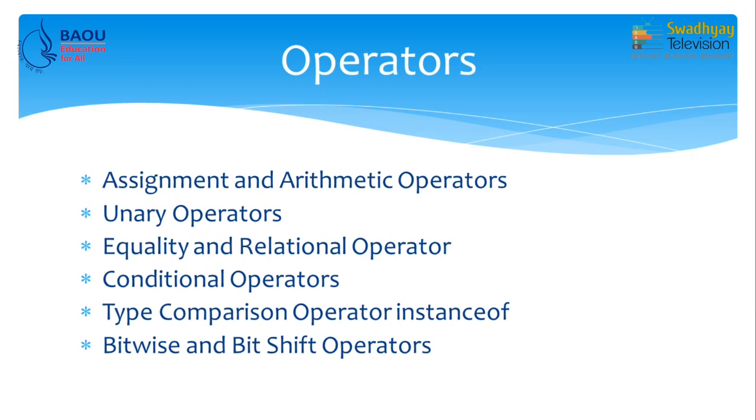We start with operator. Now, what is operator? Operators are generally used to perform arithmetic and logical operations in programming language, and as its name suggests, it operates on some value and gives you a value back after performing the operation. For example, we take a simple example of addition.